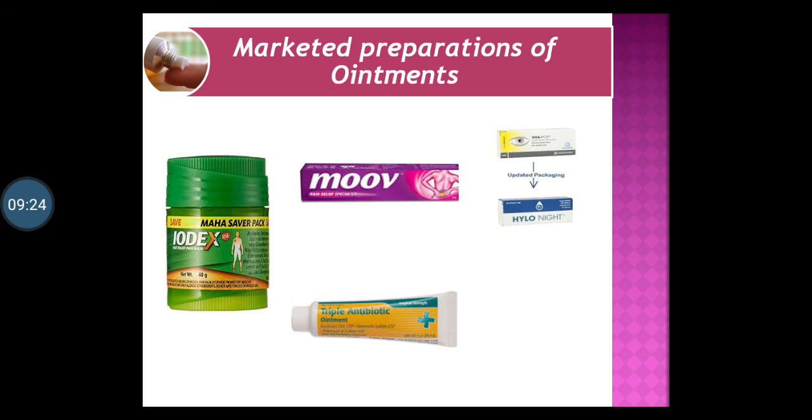Then this is Hyalonite ointment, which is used as eye ointment. Then Fast Relief. It is also a pain relieving ointment used as counter irritant ointment. These are all the marketed preparations you have seen somewhere, or you might have also used it.